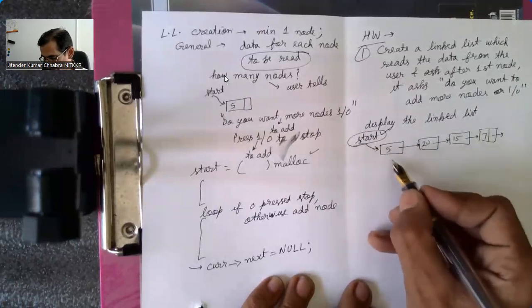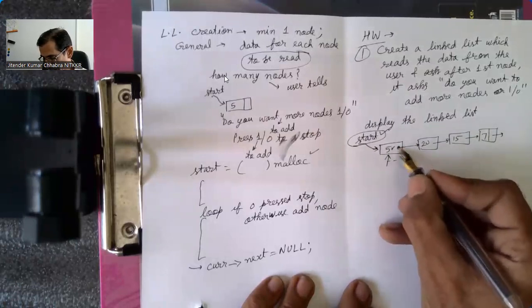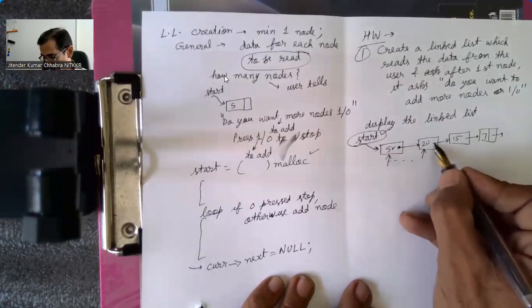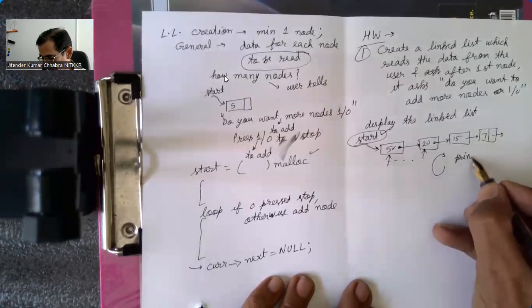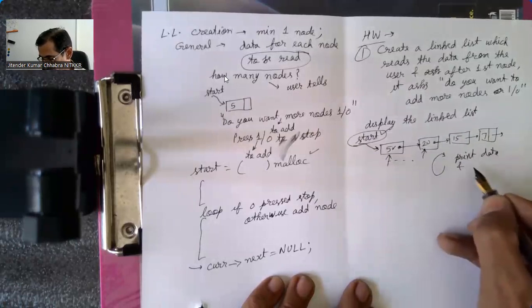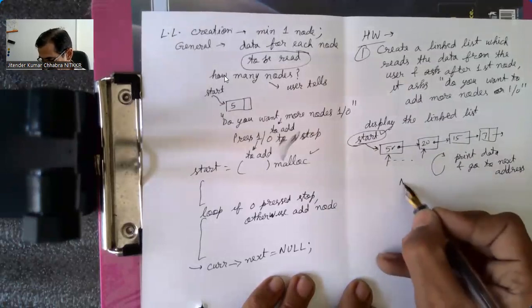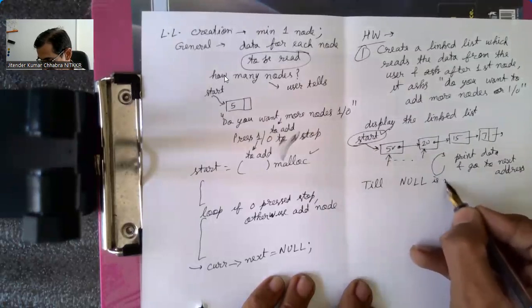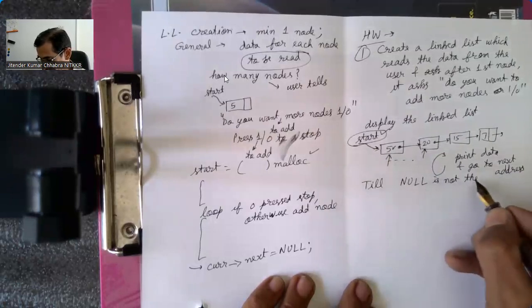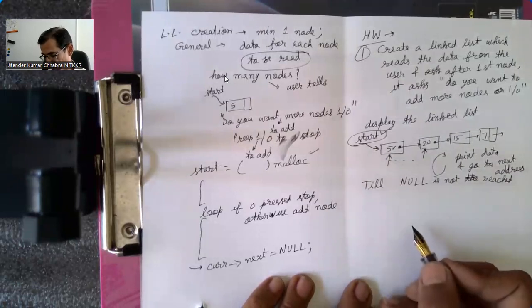From start onwards, you go to the current node, print its data, follow the next pointer, print its data, follow the next pointer. The loop itself prints the data and goes to the next node, and keeps going as long as null doesn't come.